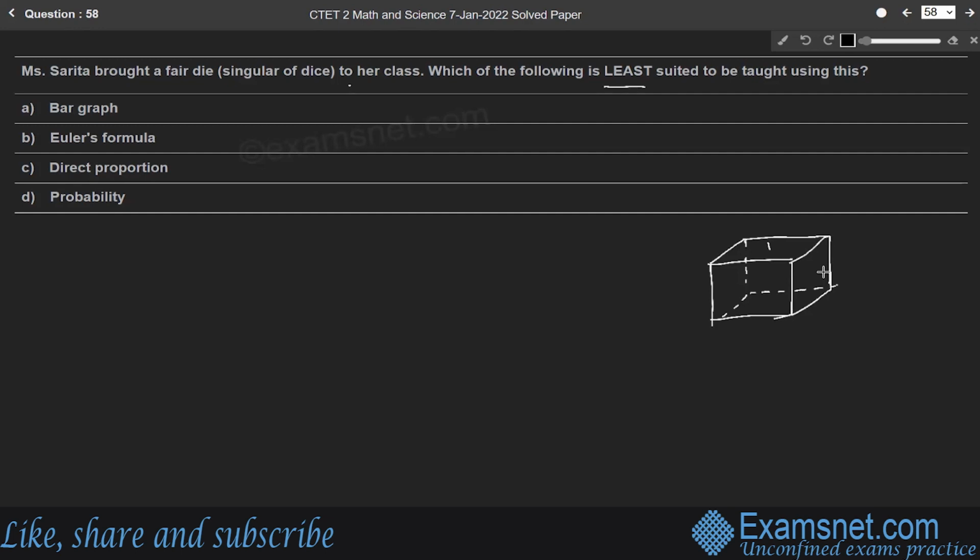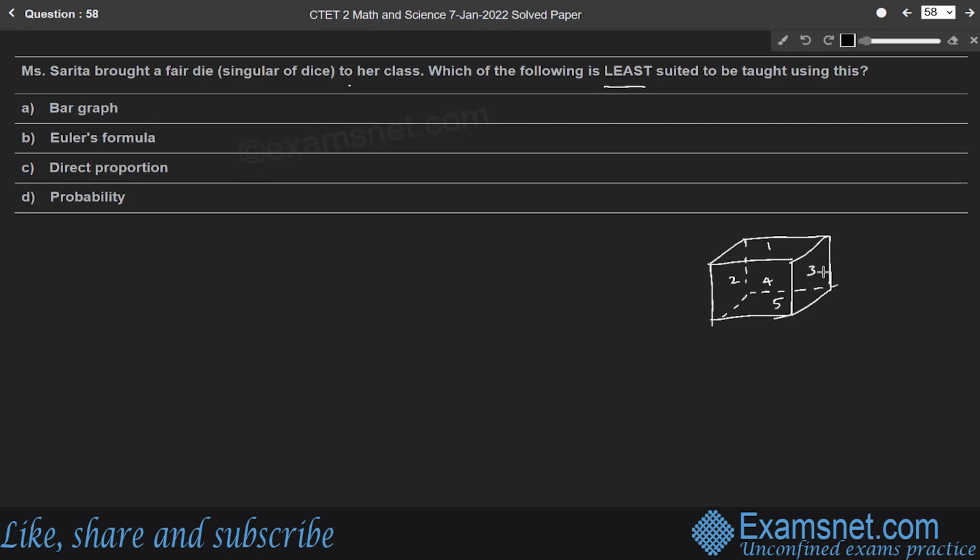So here one, two, three, four, five, one at the back. They are used for generating random numbers, commonly as part of tabletop games, including dice games, board games, role-playing games, and games of chance.